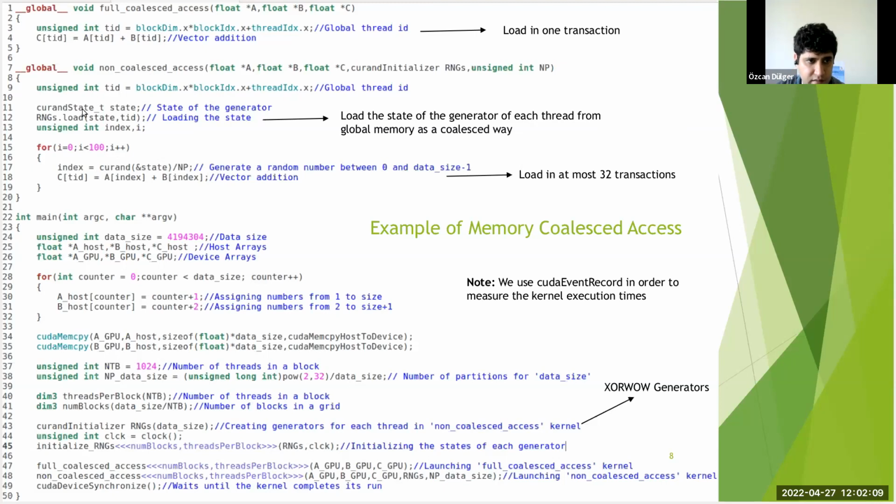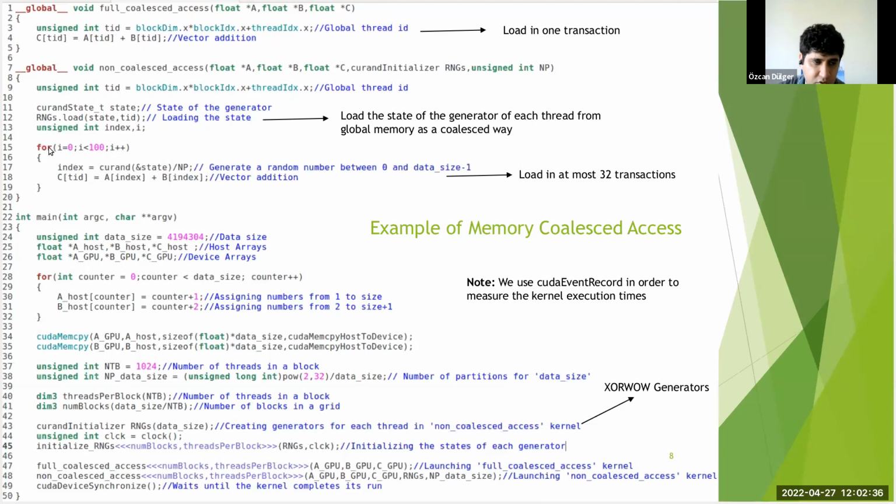Each thread takes a random number and accesses any location in memory. So the threads in the same warp will access different memory locations of A and B, as you see.